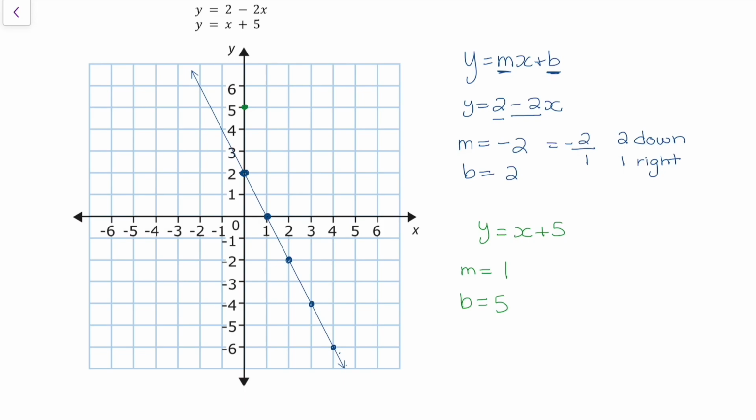So I'm going to go to my y-intercept first, which is at 5. And a slope of 1, again, we can see this as 1 over 1, which is telling me 1 up because it's positive, and 1 to the right. So I'm going to continue to follow that pattern in order to draw my line.